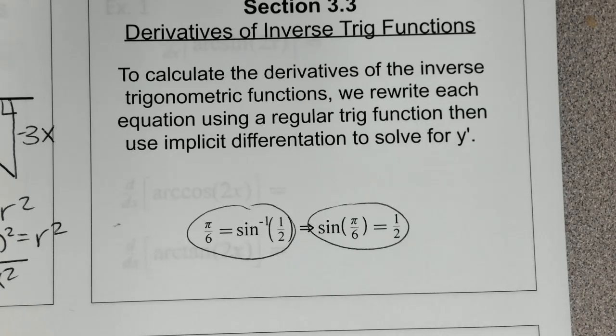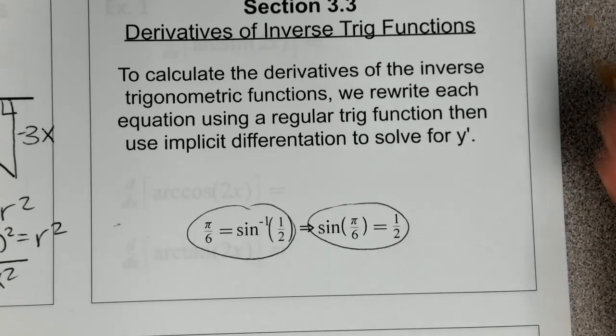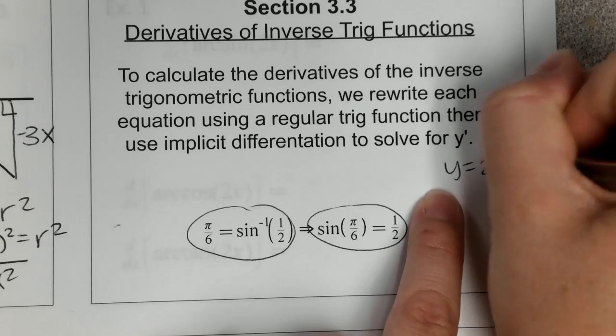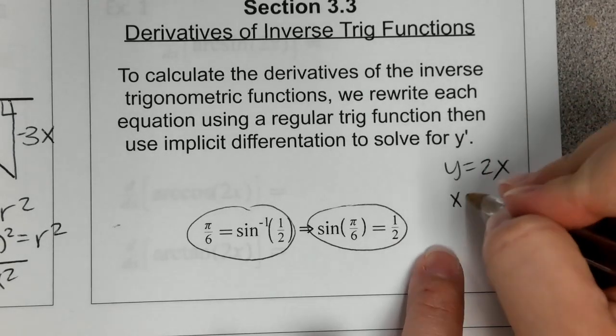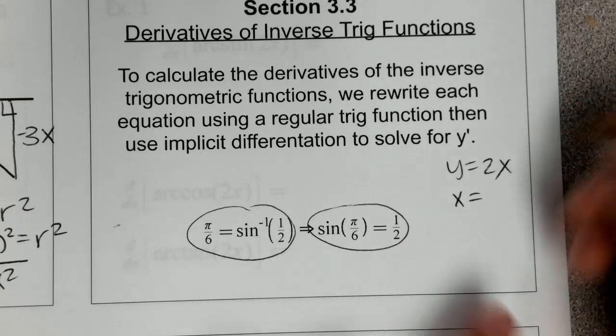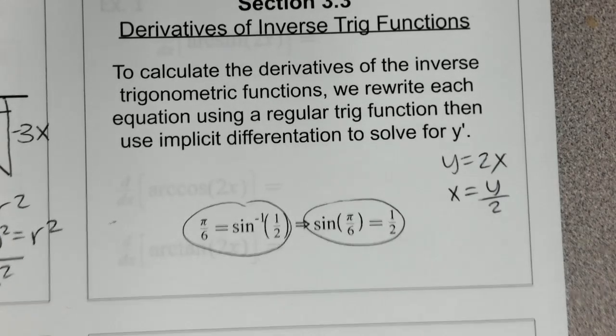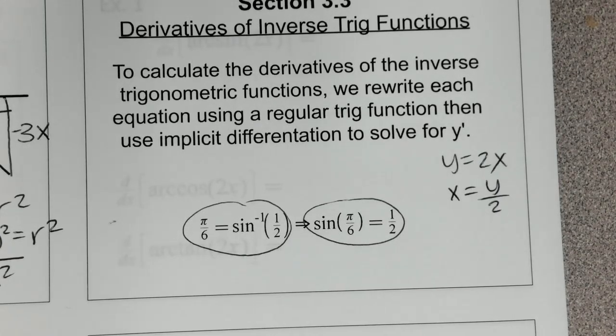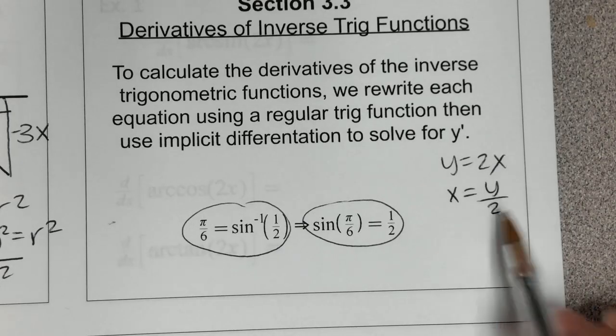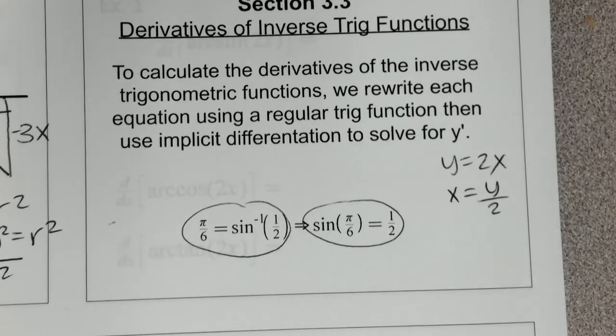It's just a different way of writing it, right? If y equals 2x, what does x equal? Y over 2. That's the same relationship, right? That's the same line. It's just different ways of expressing it. One of these is in terms of x, one of these is in terms of y. We had to do that with our area and volume problems, okay?